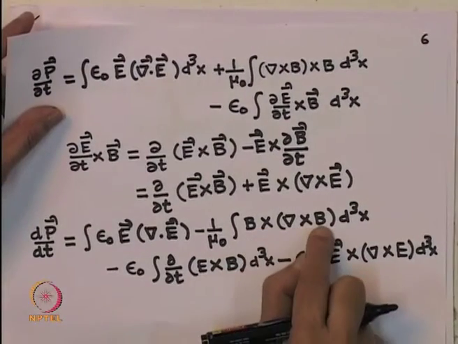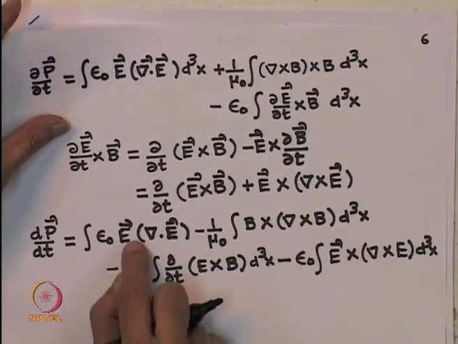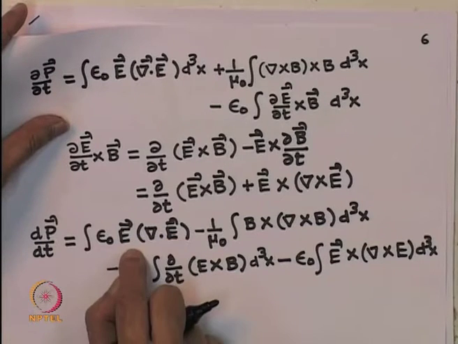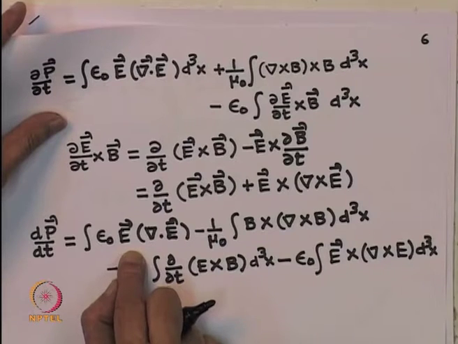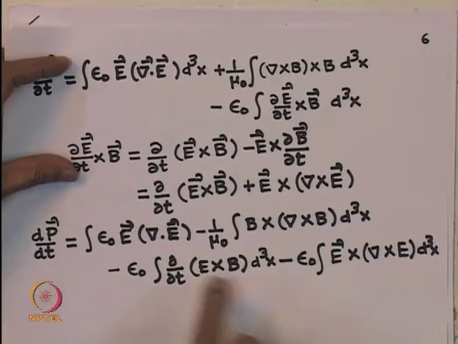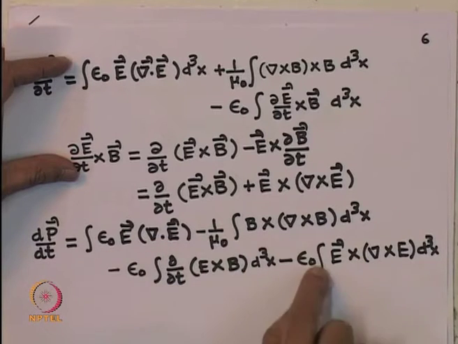It says B cross del cross B. There does not seem to be a term similar to this, but on the other hand I can simply add it. There is a proper minus sign.